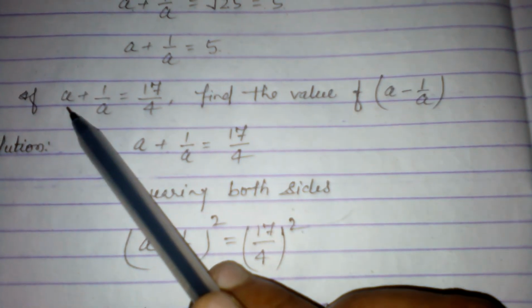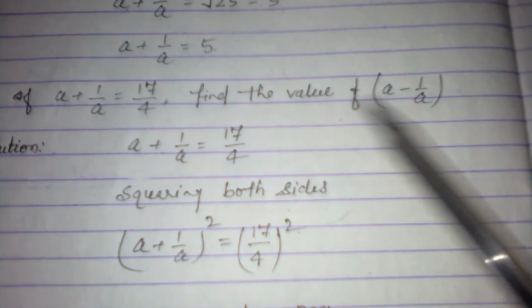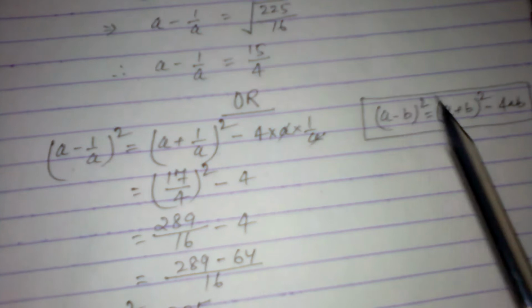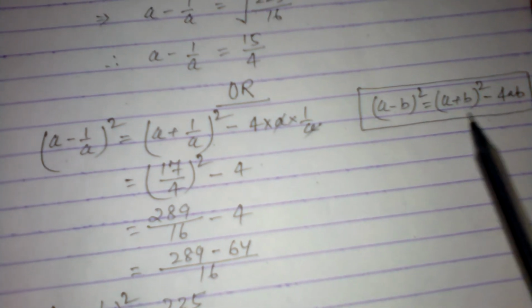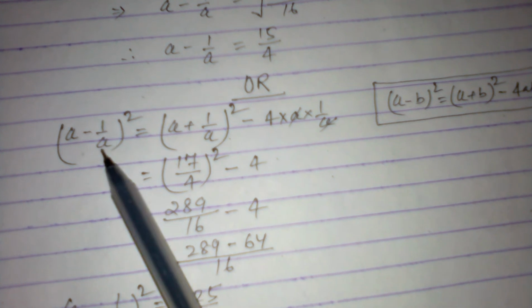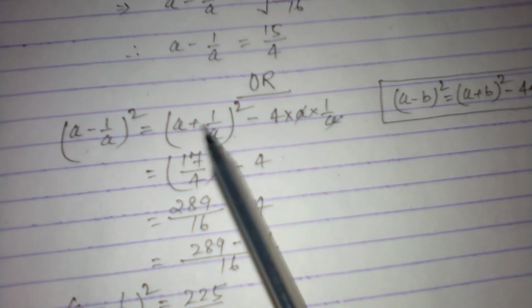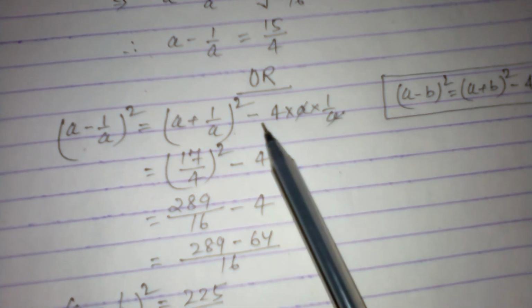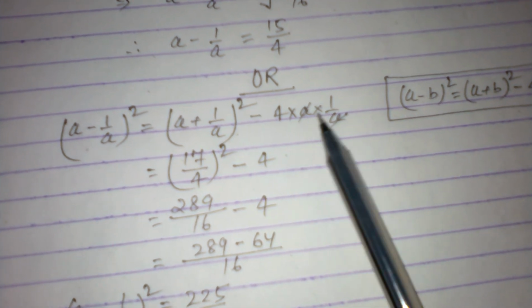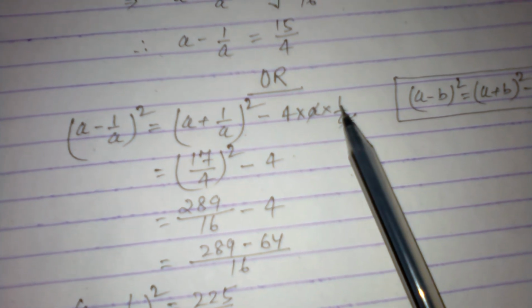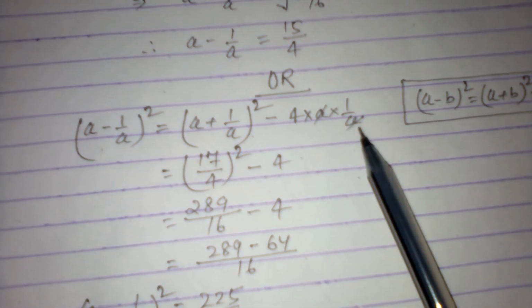It is in the form of a plus b, and we have to find the value of a minus b. So with this identity, we can write a minus 1 upon a whole square is equal to a plus 1 upon a whole square minus 4 into a into b. In place of b we have 1 upon a.